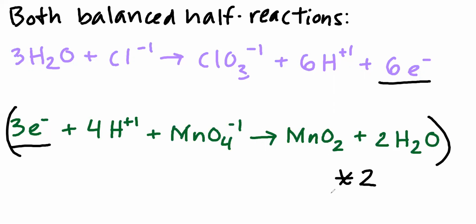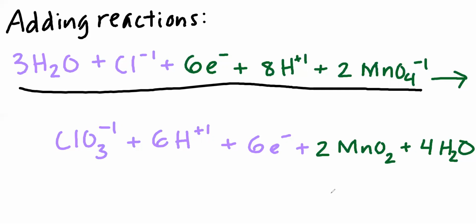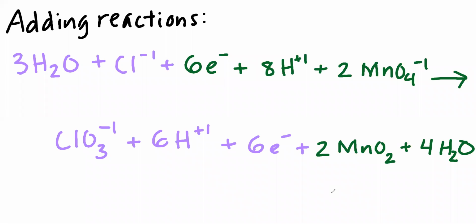So on the next slide, I have that already written out, where I've multiplied the bottom reaction by 2 and then added them together, so that I have a whole bunch of reactants up here in this really long thing, and then all of the products down below. So now we have some simplifying we can do. First of all, the electrons: there's 6 in the reactants, there's 6 in the products. Those just cancel out completely.